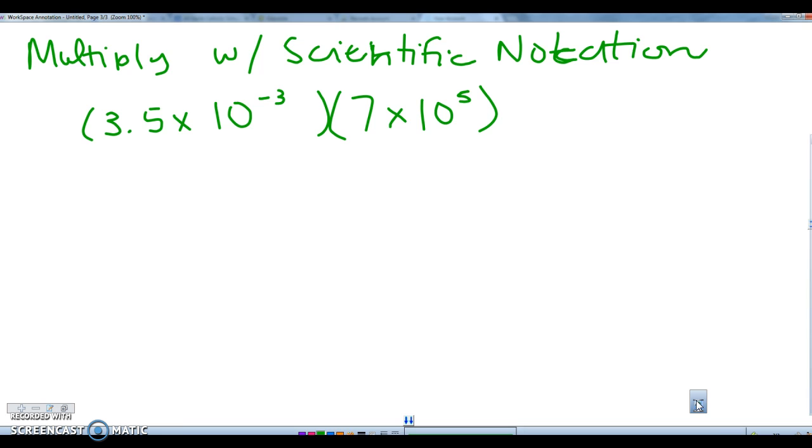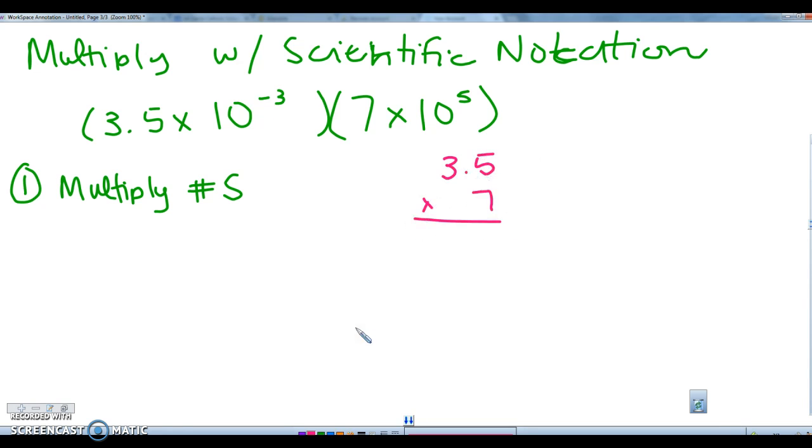But that seems like a waste of time if I can work with smaller numbers much faster. So the first thing I'm going to do is multiply the whole numbers. 3.5 isn't necessarily a whole number, but I'm going to multiply the things with some significant digits. So I'm going to multiply 3.5 times 7.